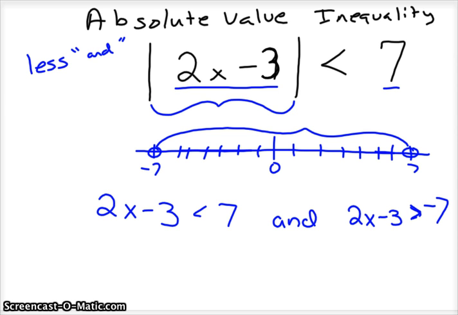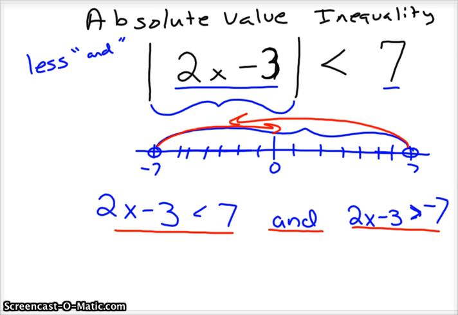So you flip the inequality, because for this one it's all of these points going this way, and for this one it's all of these points coming this way. And the and ensures that it's the overlap, so we don't have anything out here or anything out here. We don't want that stuff in our answer.